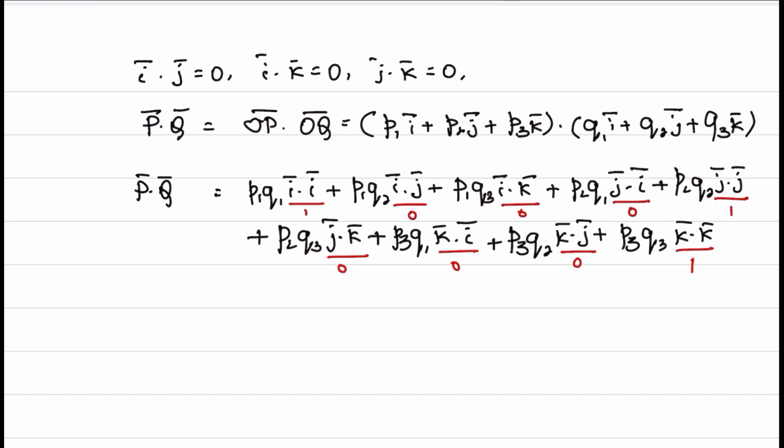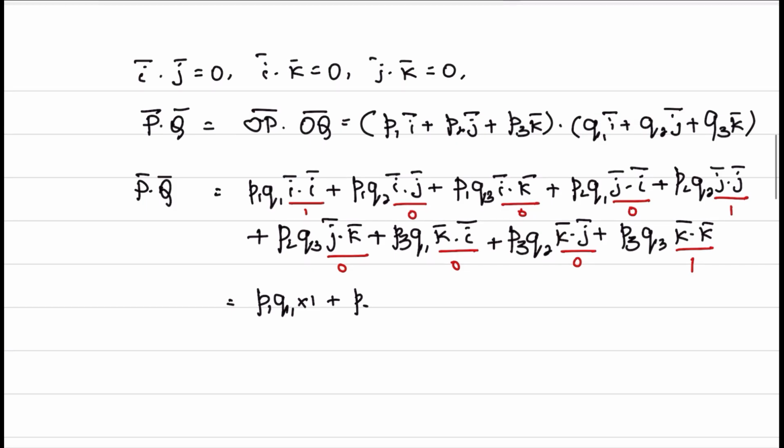This simplifies to, when zeros are multiplied with the corresponding components, P1 Q1 into 1 plus P2 Q2 into 1 plus P3 Q3 into 1.